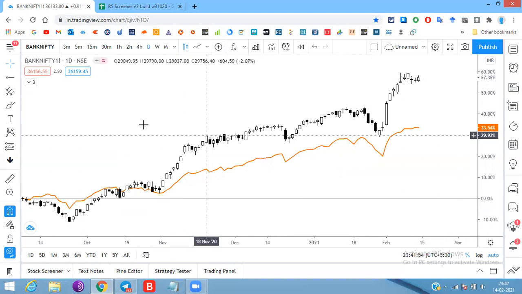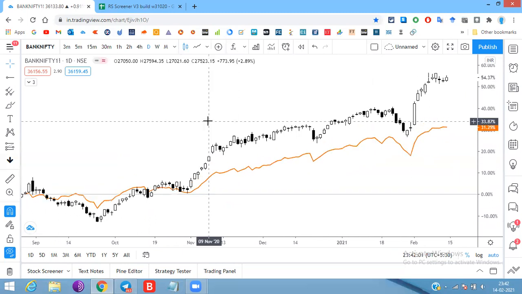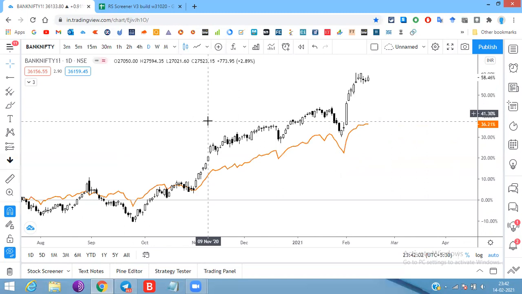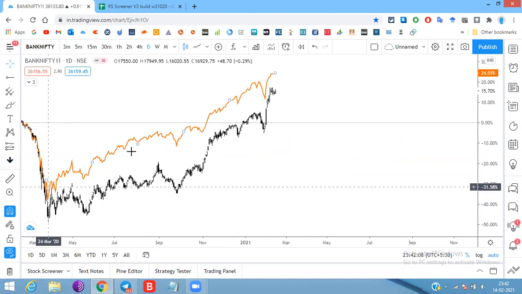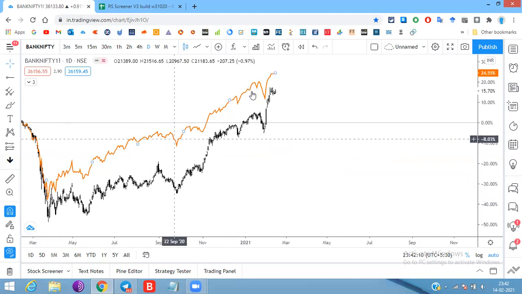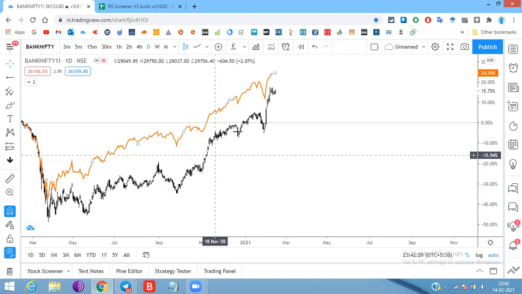That means it is just showing by how much percentage it has given us a good return. In the long term, after the crash, Bank Nifty has clearly outperformed Nifty. Okay, so this was the first type of usage.